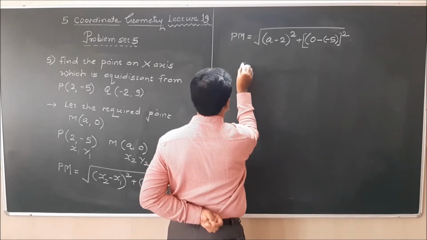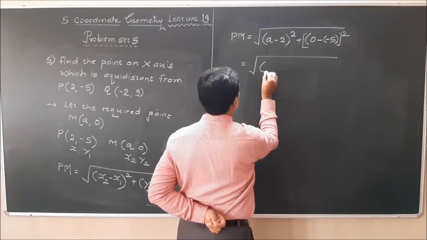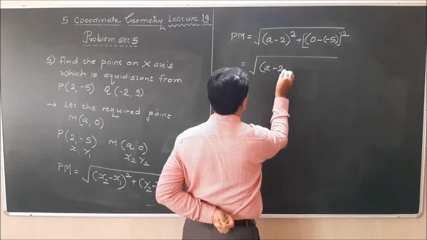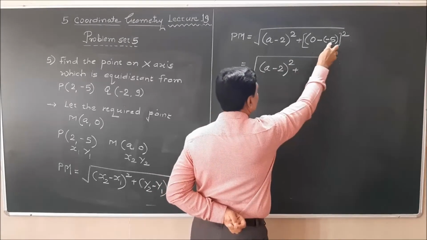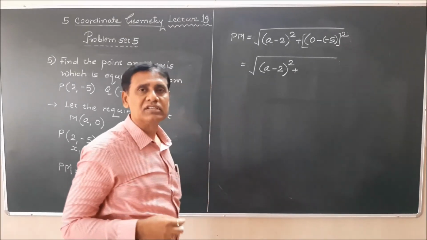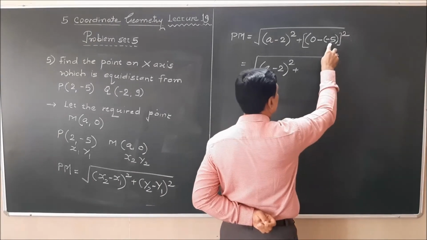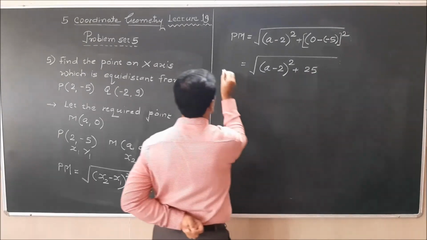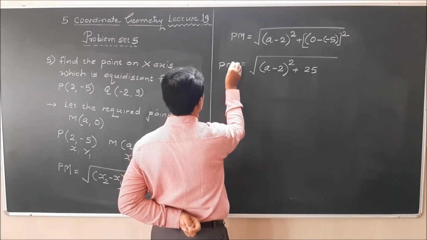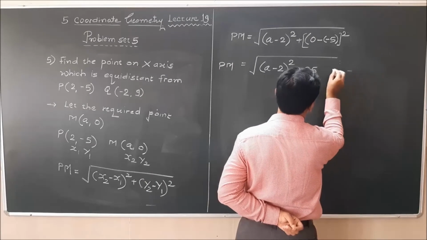So the next step is root of a minus 2 the whole square plus 5 squared. Try to understand again. Minus into minus is plus, 5 squared is 25. So PM is equal to this, our equation number 1.